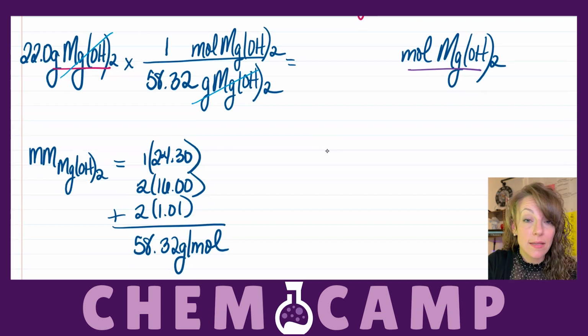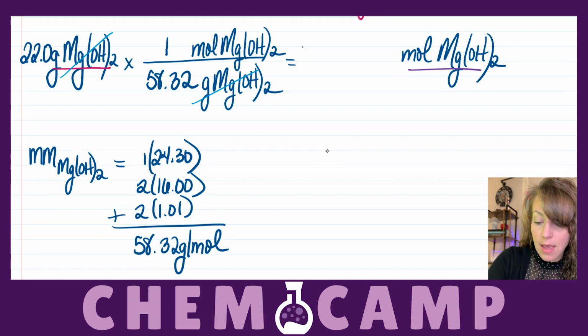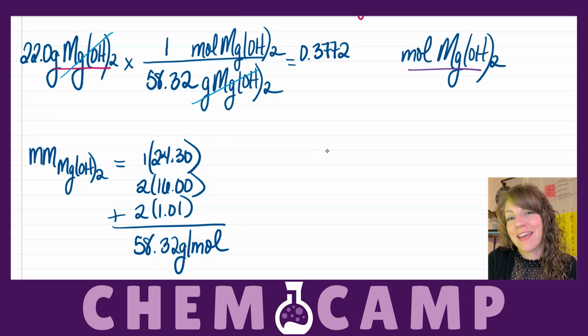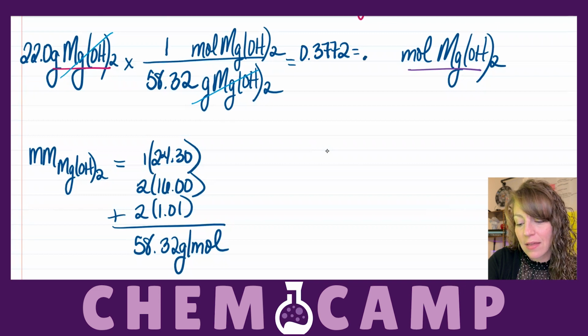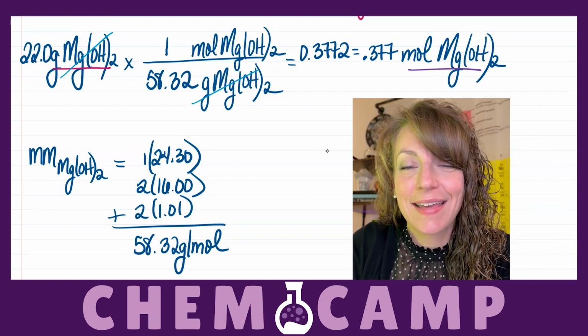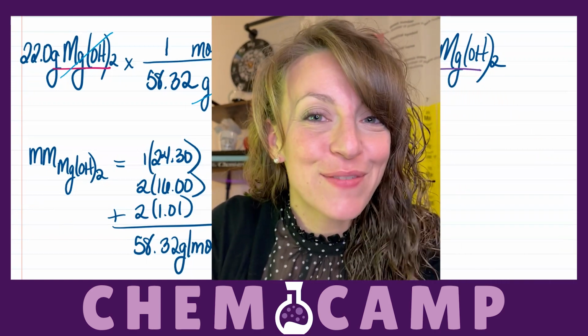So I'm going to take the 22 and multiply it by 1, which gives me 22, which means I'm going to do 22 divided by 58.3 in my calculator, and that gives me 0.3772. However, in my given, I've got just 3 sig figs, so I'm going to round that to 0.377 moles of Mg(OH)2.